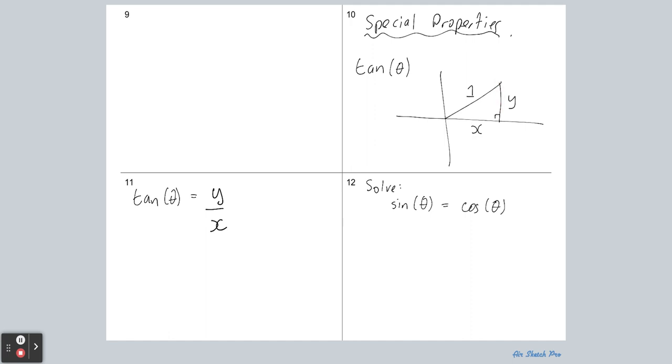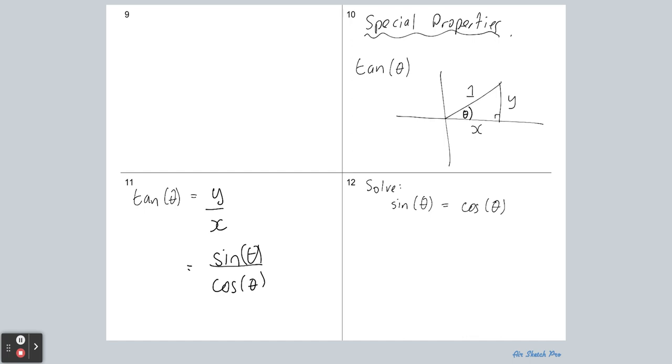If I draw theta in, y is the sine of theta and x is the cosine of theta, which means we have this special relationship: tan of theta equals sine theta on cos theta. And you are given that particular identity in the information booklet.